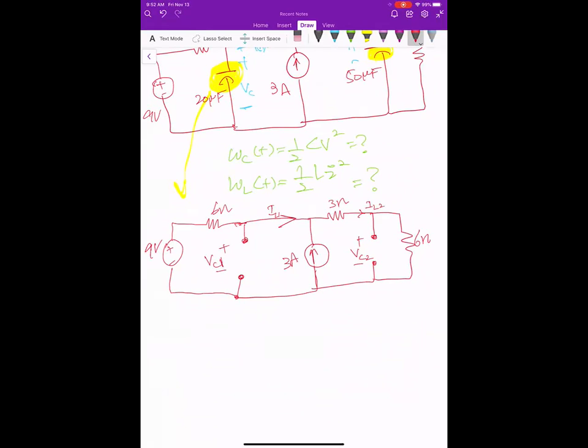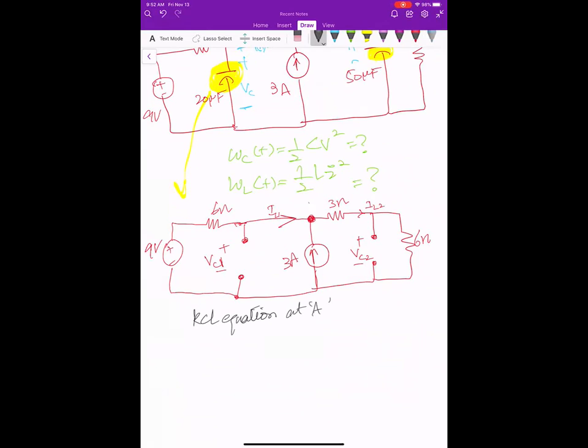For that, I can use any method because this is now a simpler circuit. The method I have chosen to use is KCL equation. I will write KCL equation at this node. In your book, they have chosen something different, so you can also follow that.